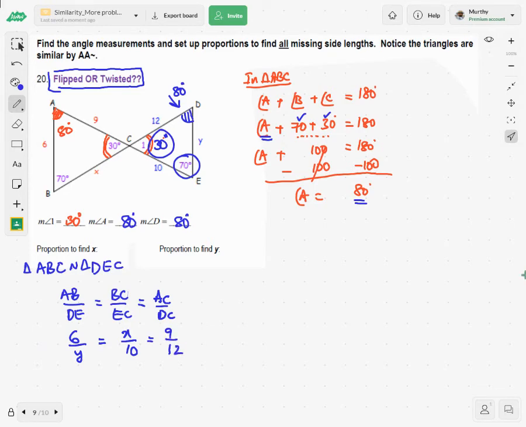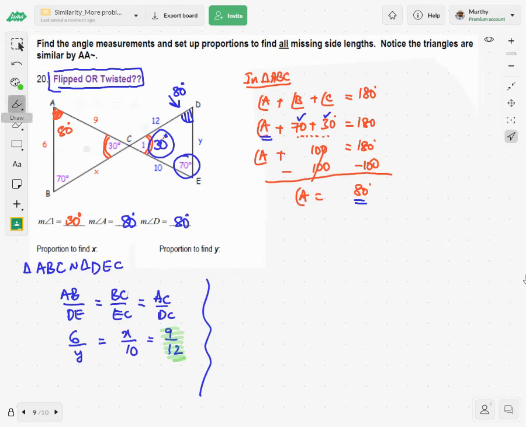As I told you earlier, you take one known value and one unknown value. So if I'm taking x over 10, then I have to take the part where both values are given, which is 9 over 12.